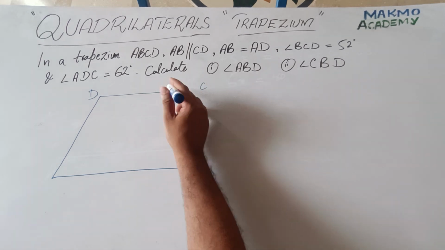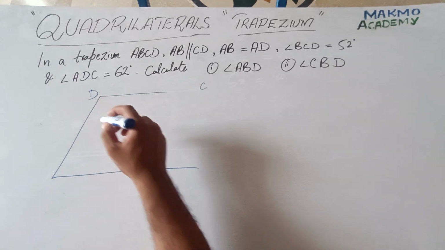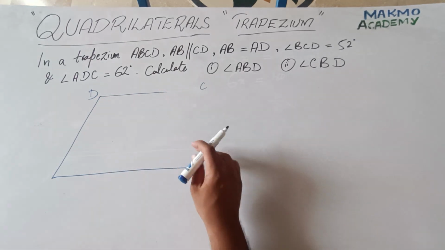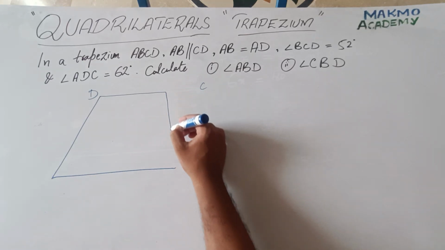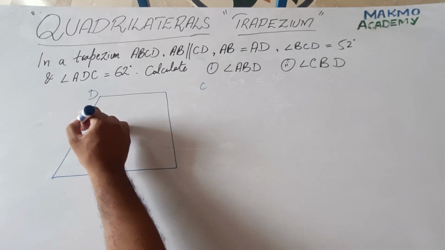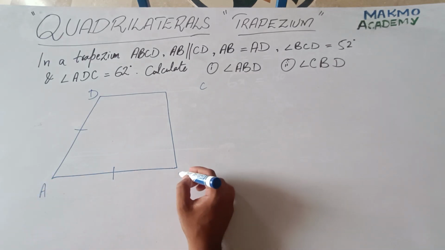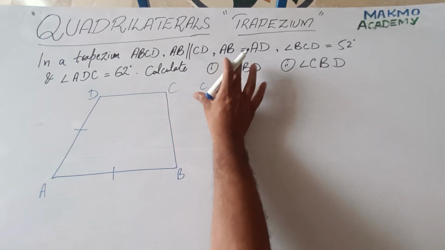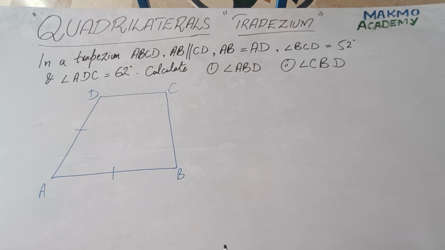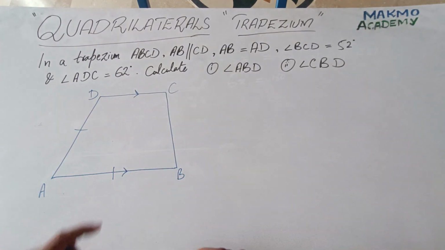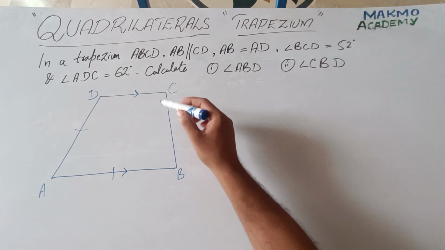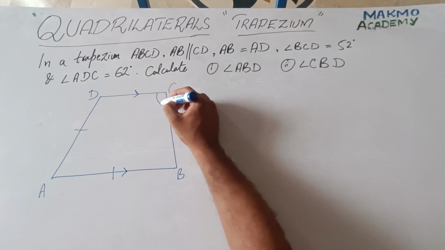So for example, the lengths of these two would be equal, and this is not equal with each other. So they are saying that these two sides are equal with each other, line AB and AD. So now you can see that we have a trapezium in front of you. These two are parallel with each other. Angle BCD is equal to 52.